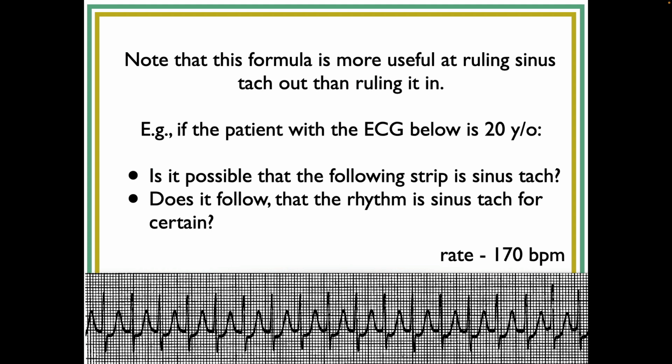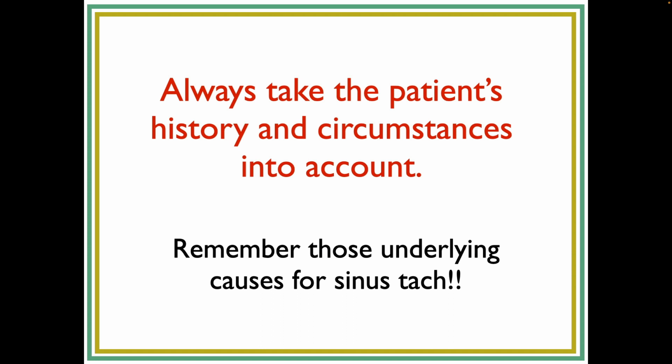At that point you think, well, I don't think I'm going to cardiovert this patient because this could be sinus tach. So always take the patient's history and circumstances into account. Remember those underlying causes for sinus tach.